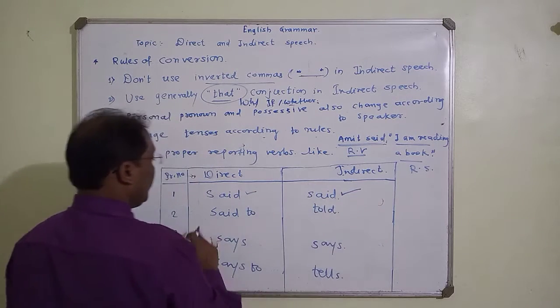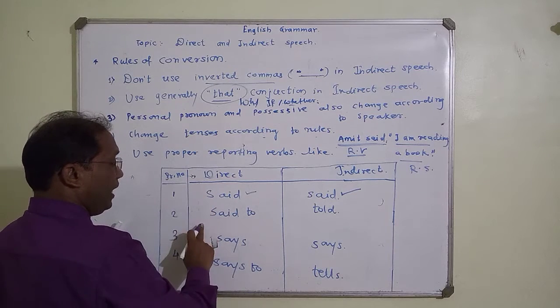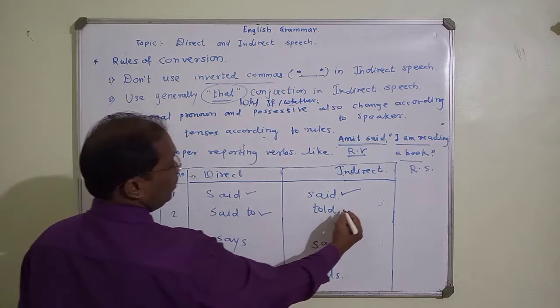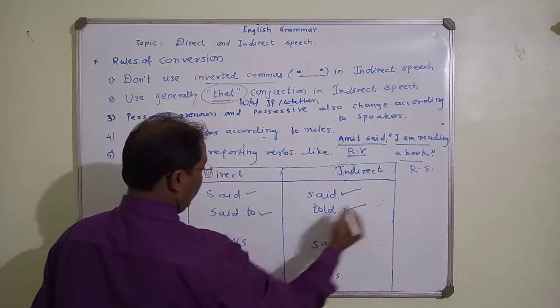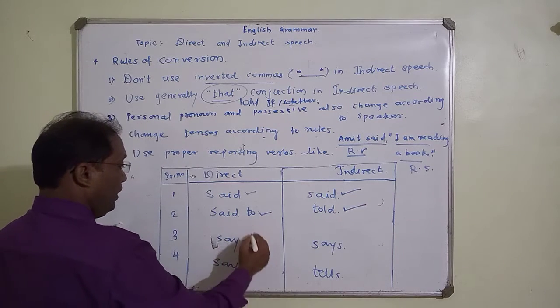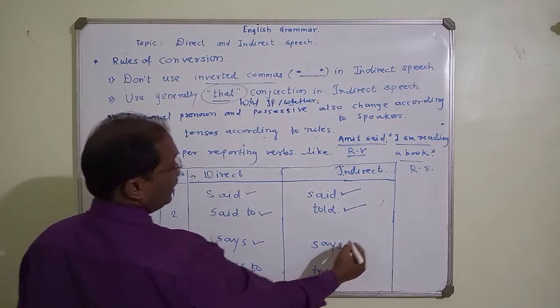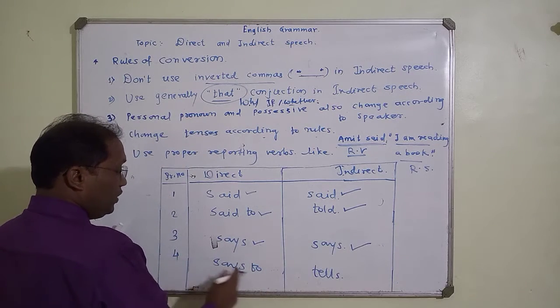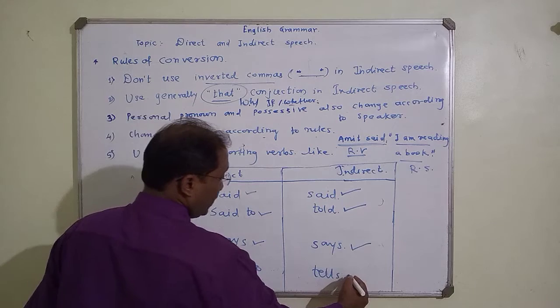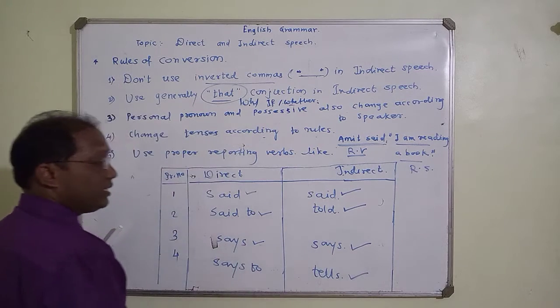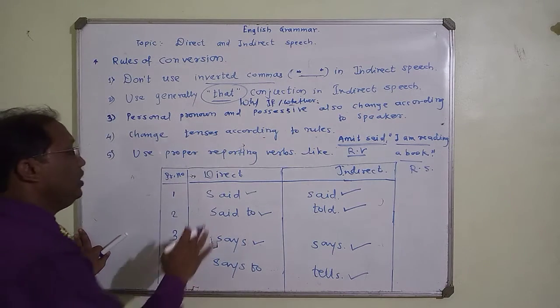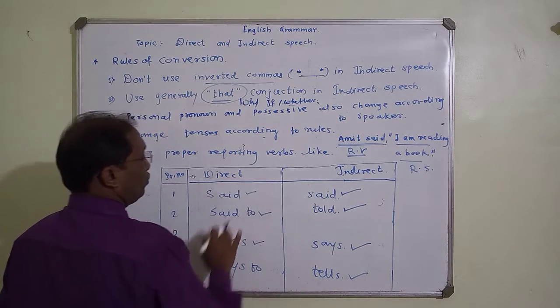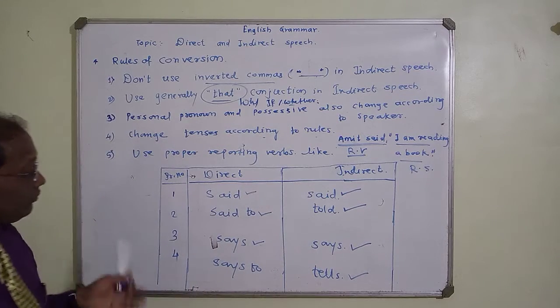If the reporting verb in direct speech is 'said to', then use 'told' in indirect speech. If the reporting verb in direct speech is 'says', then use 'says' as it is. Then if the reporting verb is 'says to', then use 'tells' in indirect speech. Reporting verbs of this type should be changed according to the rules.